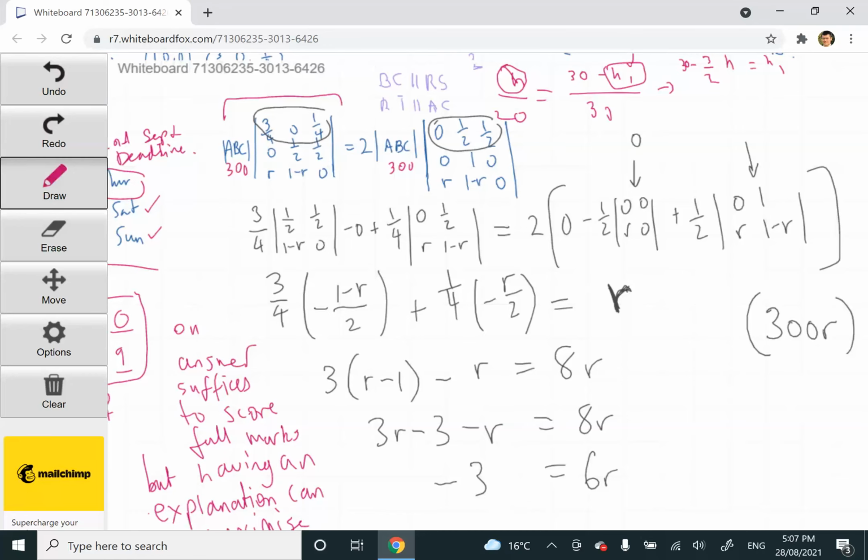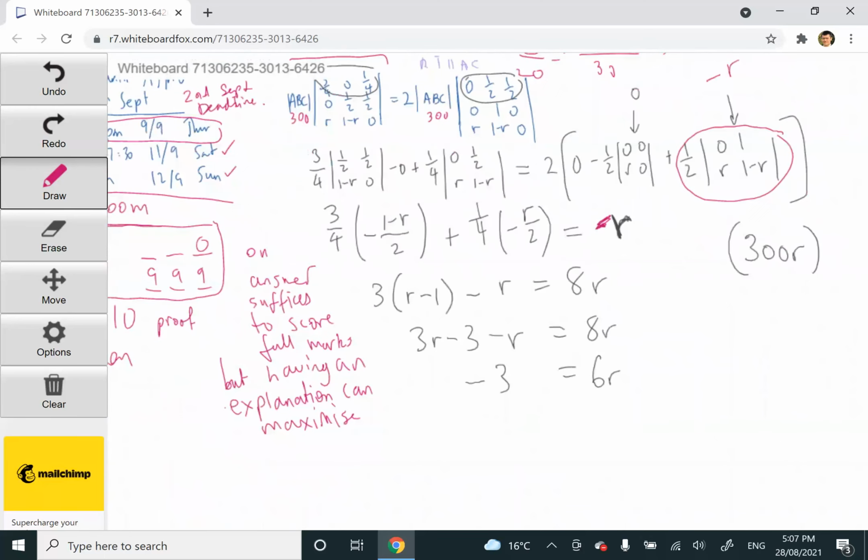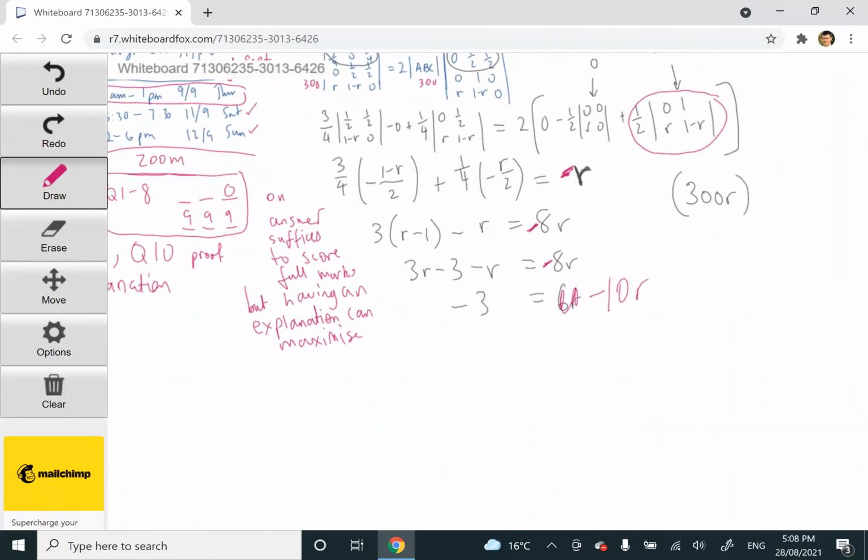So if you look at this, that should have been a minus R. So this should be a minus R. I get minus 8R here. And this should be minus 10R. Okay, and then R is equal to 3 over 10.